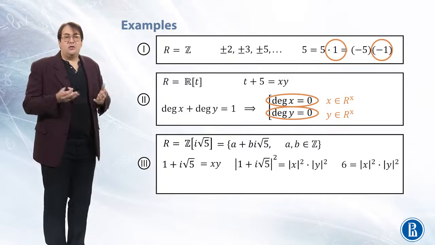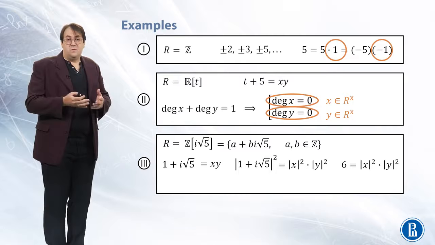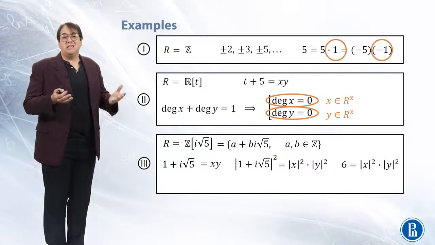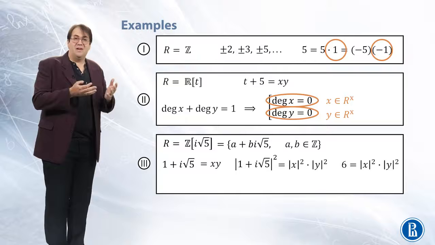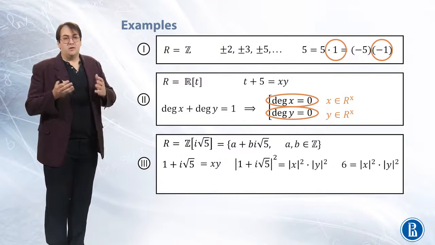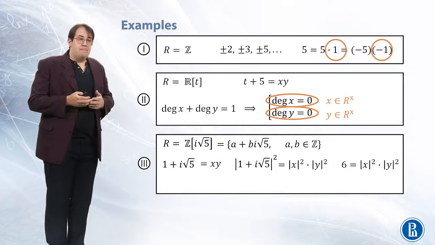And it should be equal to the product of two obviously integer numbers: the square of the absolute value of x and the square of the absolute value of y.